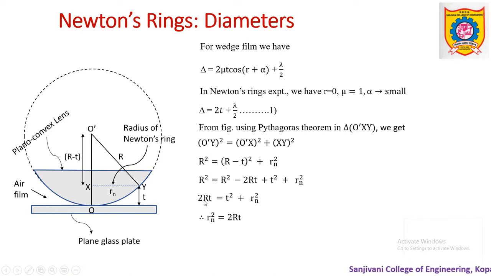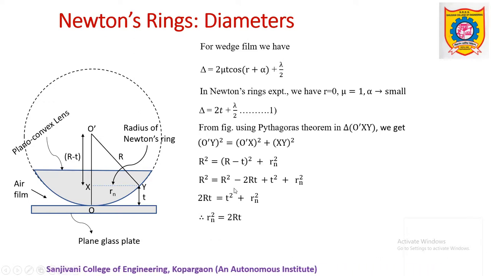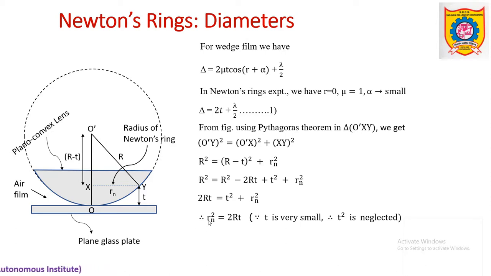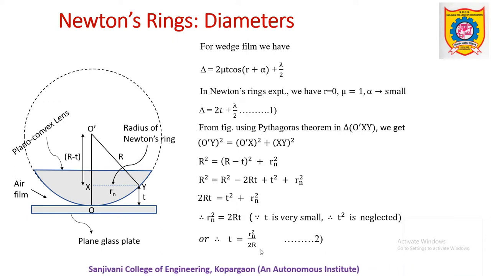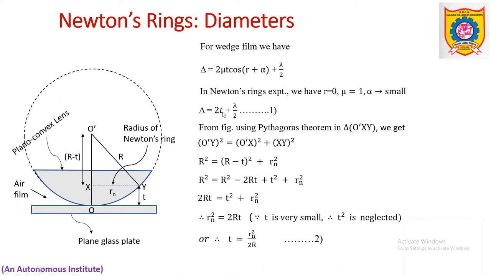As R is very large in comparison with t, we can neglect t square, and therefore we get Rn square equal to simply 2Rt, or t can be written as Rn square upon 2R. Suppose this is equation 2. Now we have these two equations. Equation 1 gives delta, and in that the value of t is given by equation number 2.